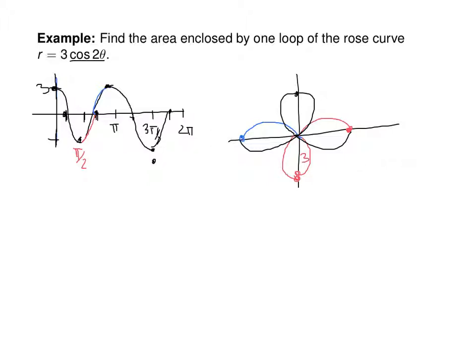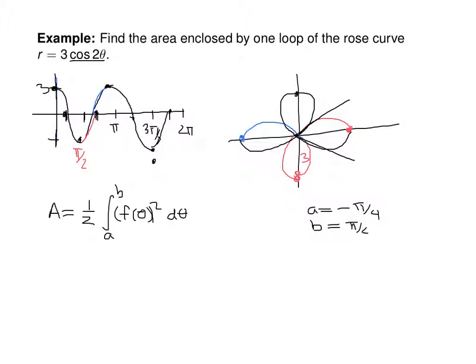So there will be many integrals that will find the area enclosed by just one loop. Let's just look at this particular loop here. That came from 7 pi quarters to 2 pi, and 7 pi quarters could be the same thing as negative pi quarters. So we can find the area using 1/2 the integral from a to b of f of theta squared d theta, with a equaling negative pi quarters and b equaling pi quarters.